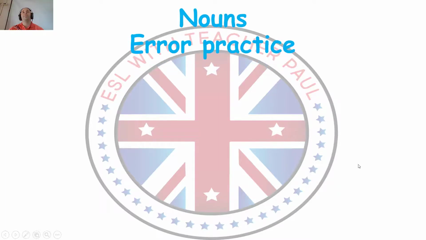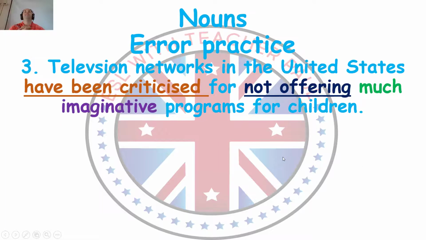Okay, what about this one? Number 3. Television networks in the United States have been criticized for not offering much imaginative programs for children. Okay. So we have 4 options: have been criticized, not offering, much, imaginative.